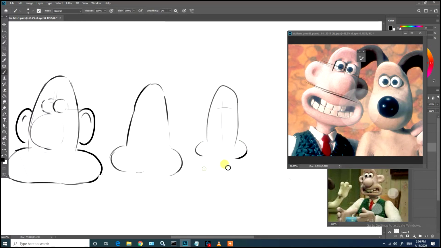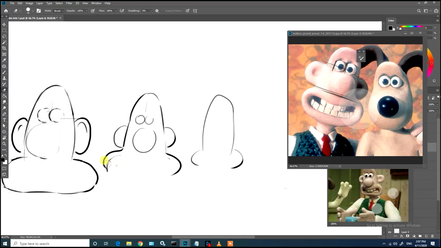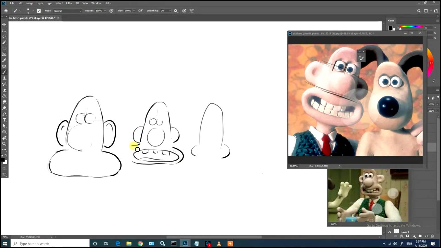So, I'll show you as an example. This looks like a wang at the moment. We put an eye line in. We put some ears in. We put some eyes into it. We put a nose into it. We bring his mouth area up a little bit. And then, look, it's very basic, but before you know it, you're actually starting to build something that looks like Wallace. See?